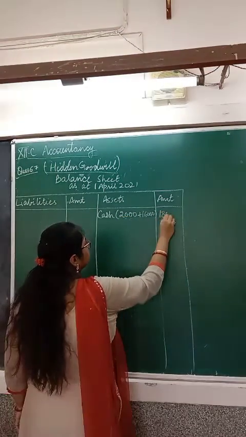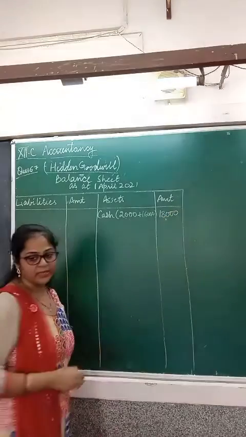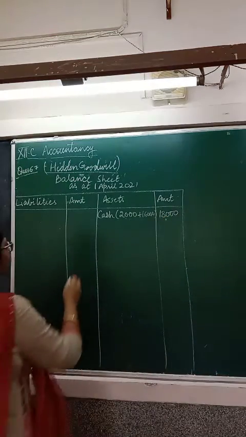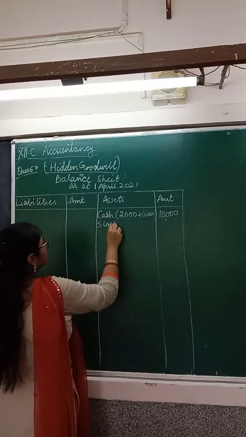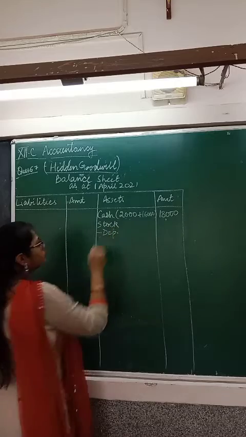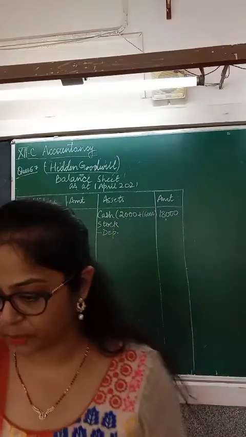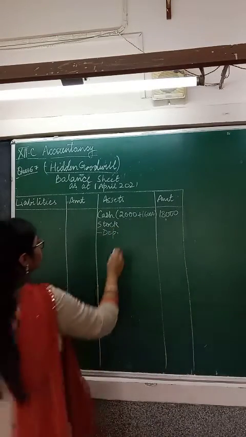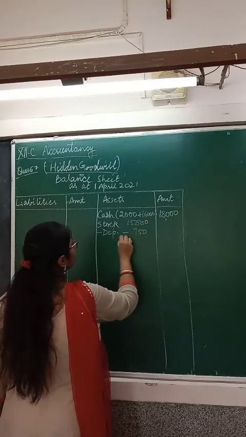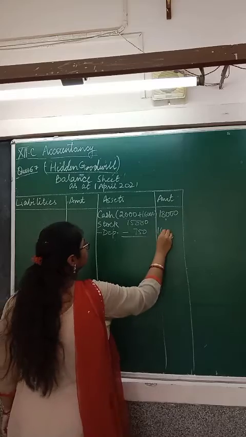This becomes a cash balance of rupees 18,000. Next, what we have is stock. Since there was a depreciation, the amount of stock is rupees 15,000 minus rupees 750 subtracted. It is 14,000.